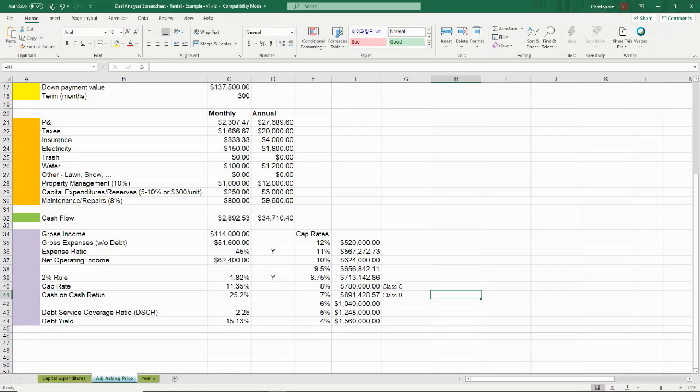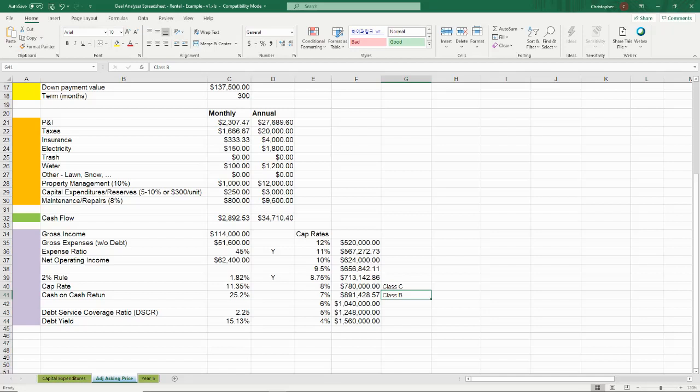But in this example, let's say that the cap rate in a particular region or neighborhood or area was 8% for a Class C apartment building and 7% for a Class B. We can see that if we're able to make that change in the apartment building from Class C to Class B, and I'll get to how in a moment, the value of that real estate asset has increased from $780,000 to $891,000, an increase of about $110,000. The real estate asset has increased in value.